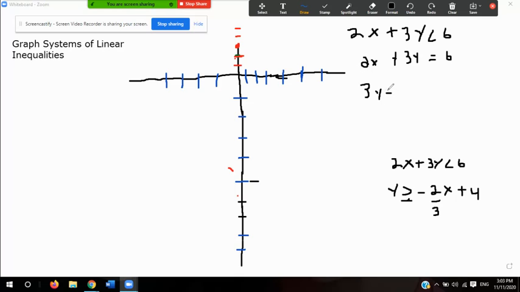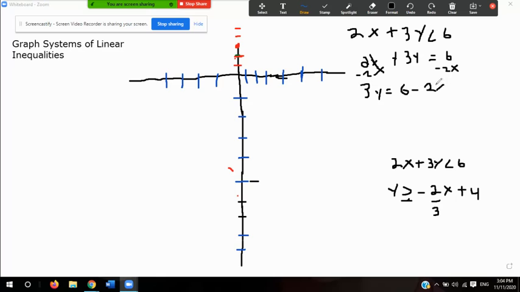Let me just show you what I mean. You subtract 2x here, and you subtract 2x on the other side as well. That cancels out on this side, and that would be 6 minus 2x. The last thing I want to do is divide by 3, and then rearrange my equation.